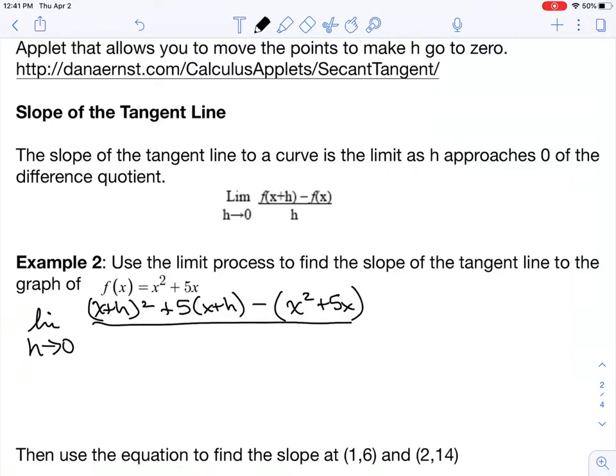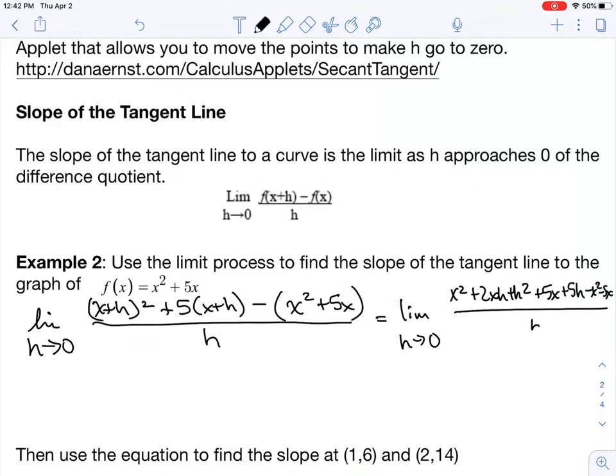And I prefer you guys use the parentheses there when you do the subtraction. So then we're going to just write it out, square that out. x squared plus 2xh plus h squared plus 5x plus 5h minus x squared minus 5x, over h. And then the f of x is going to actually all subtract off.